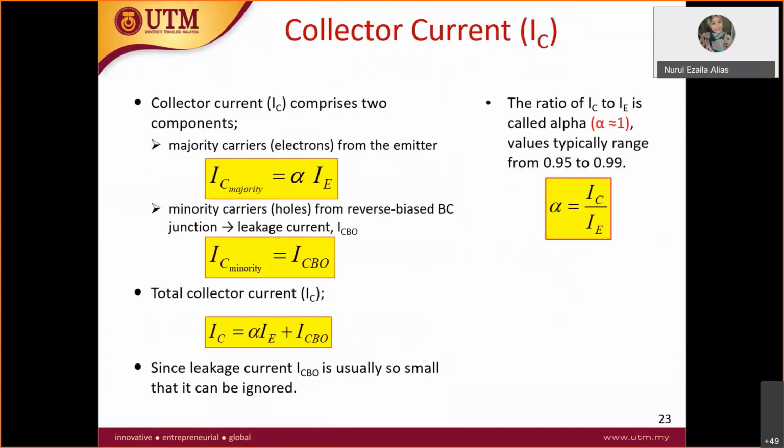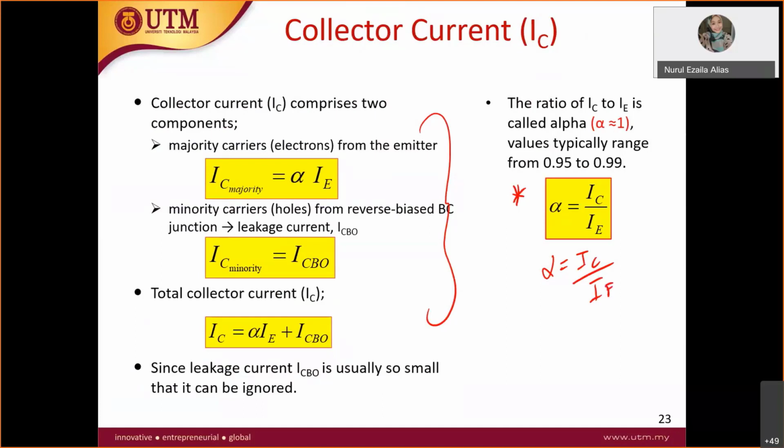So this is the collector current. The collector current is made of the minority carrier current and also the majority carrier current. The only thing that you should know is this one. Alpha is actually another parameter. From the simplification here, alpha is equal to IC over IE.